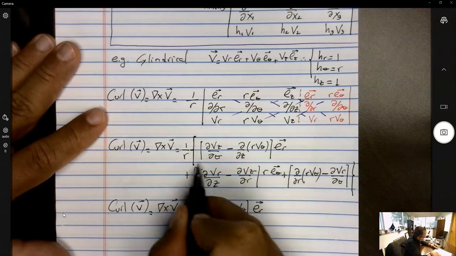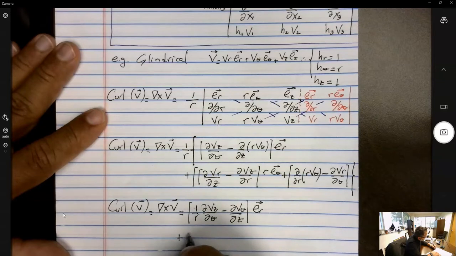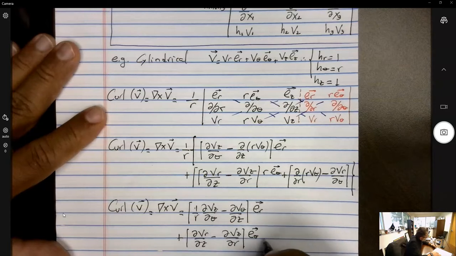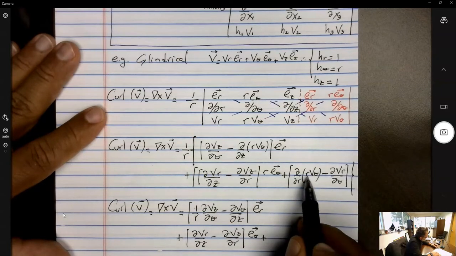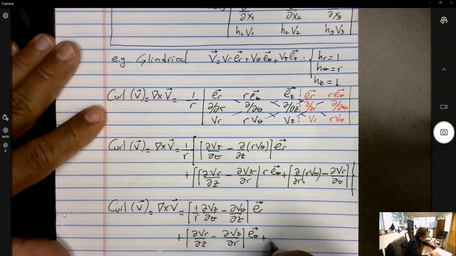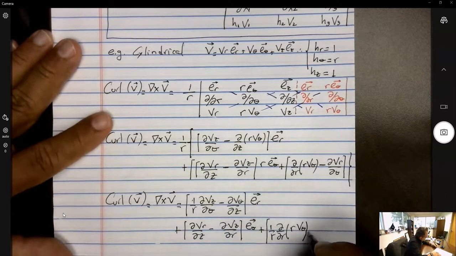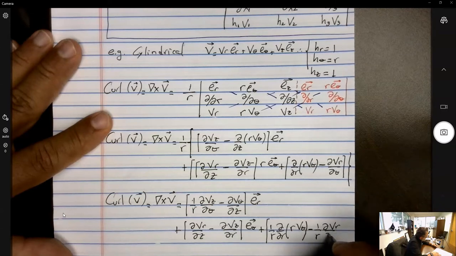This is outside the derivative, so it just multiplies through and cancels out. So that would be dvr/dz minus dvz/dr. In the theta direction, plus, this r cannot come out, so this one remains: 1 over r d/dr of r v theta, and this r remains outside, so this will be minus 1 over r dvr/d theta. All of these in the z direction.